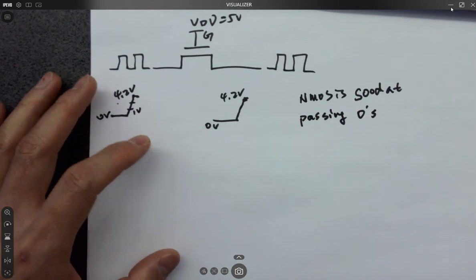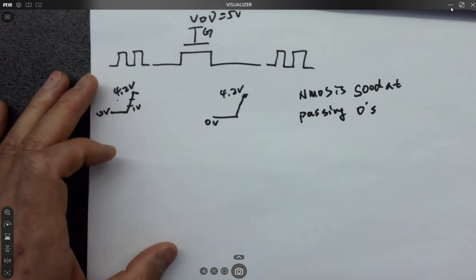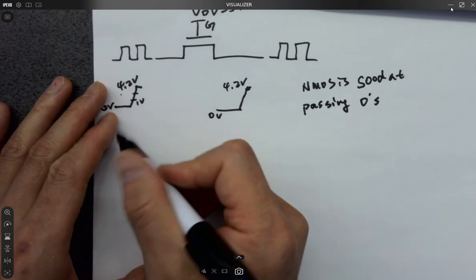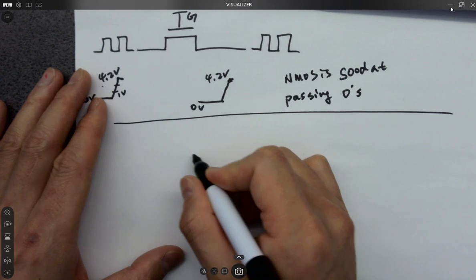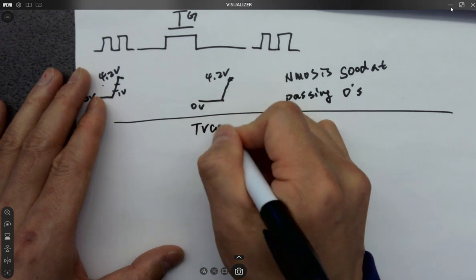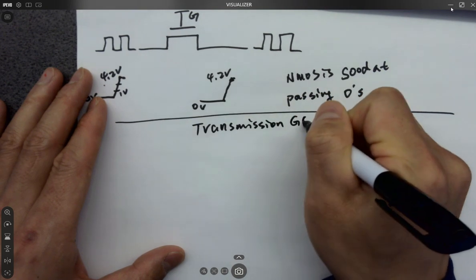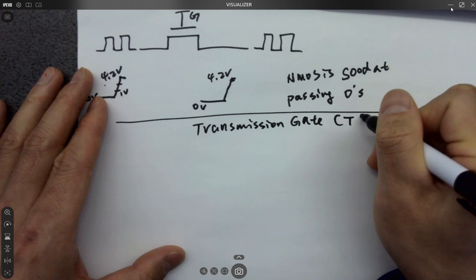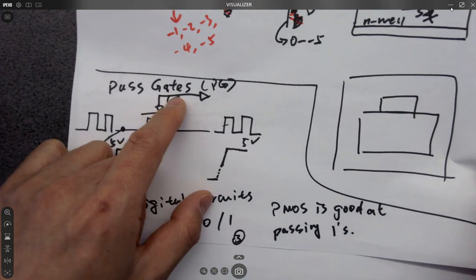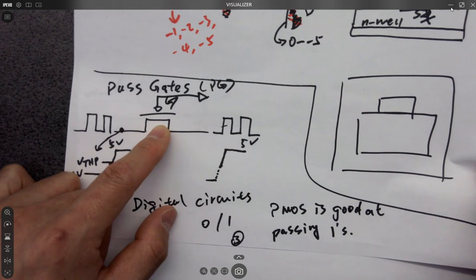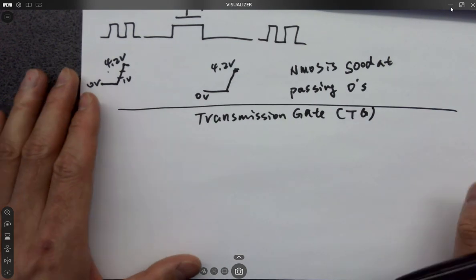And that is why, if we want to pass both types of signals, there's a new gate called transmission gate, or TG, instead of PG. PG is the pass gate. Pass gate is a one transistor gate trying to pass a signal. And transmission gate is called TG.